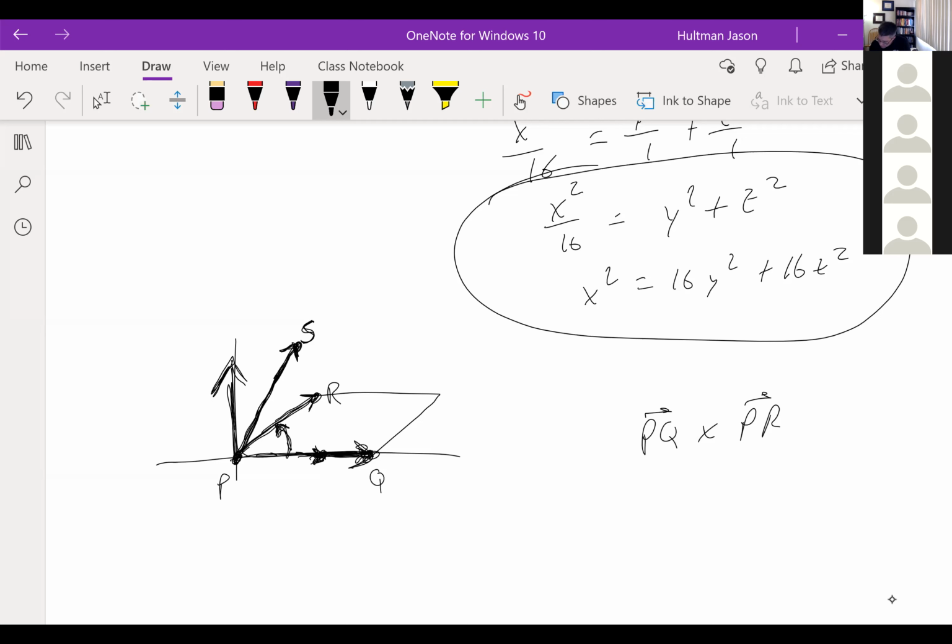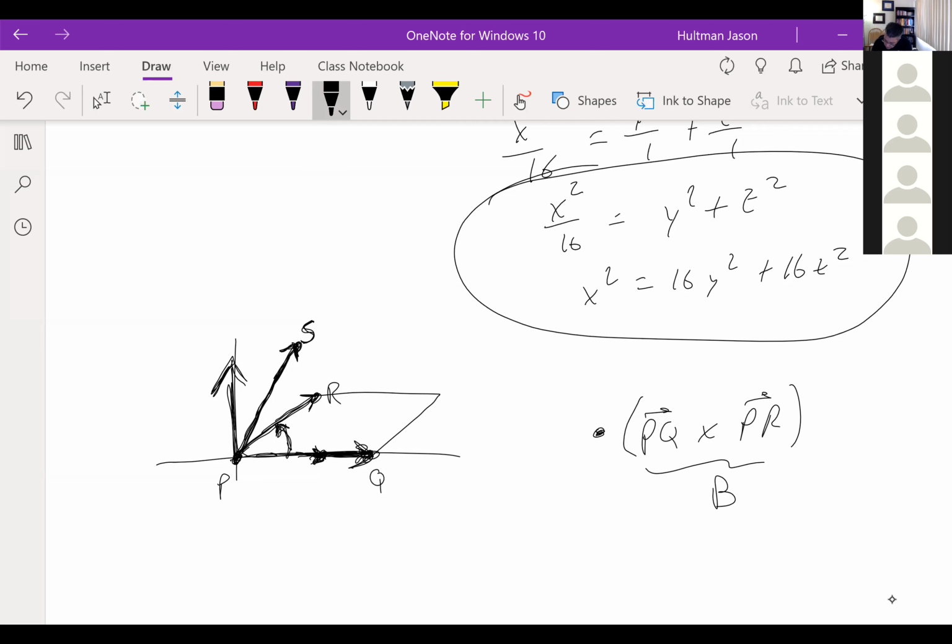Okay, and so we're going to take that and we're going to dot it, right? So this thing, let's call this B for base.